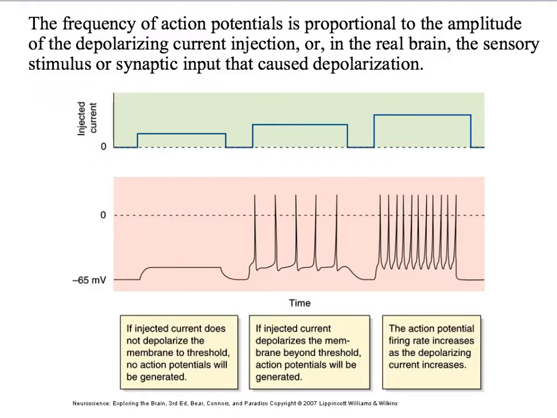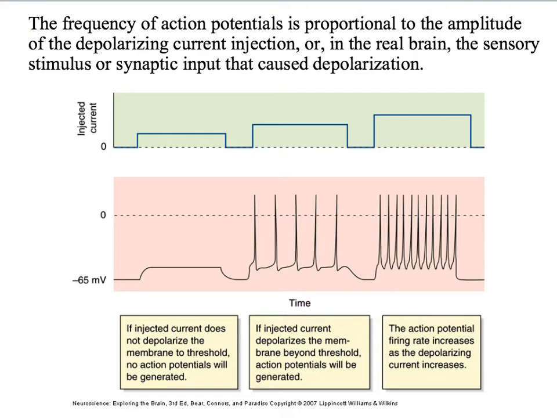back down. And here we're just saying the same thing and showing different pictures, that the frequency of the action potentials is proportional to the amplitude of the depolarizing current. In other words, if you give a large current and it reaches threshold, you get more action potentials here. If you get a lesser current and it reaches threshold, you may get one action potential or a couple action potentials.